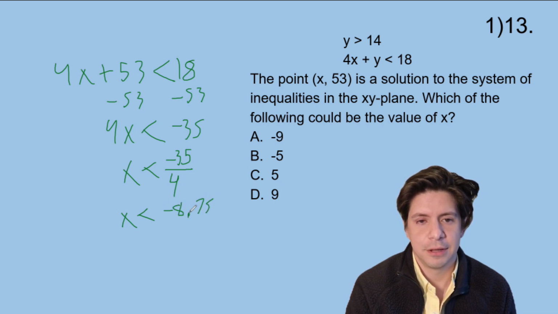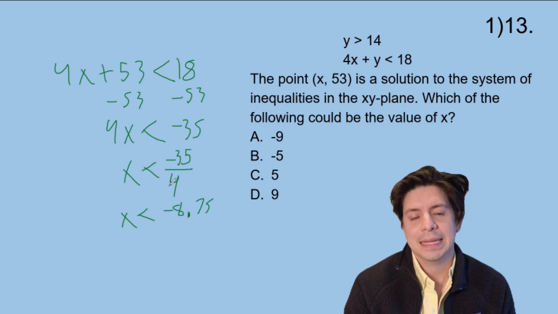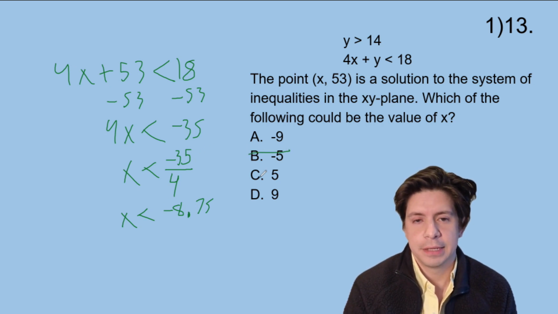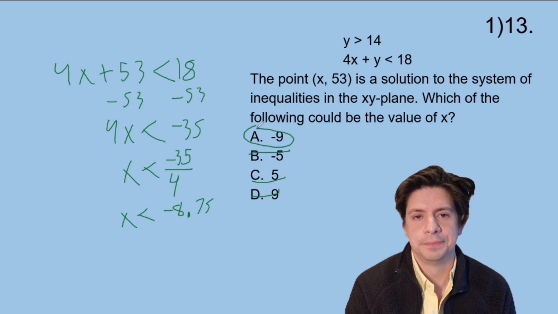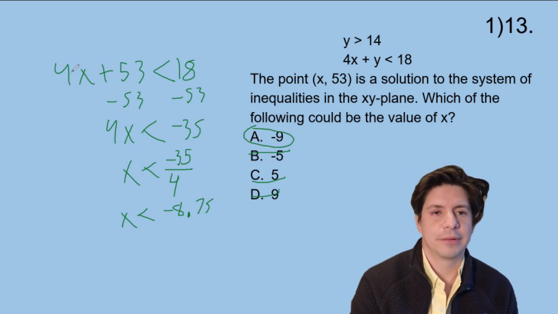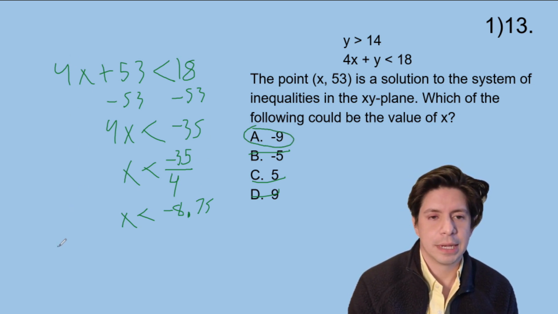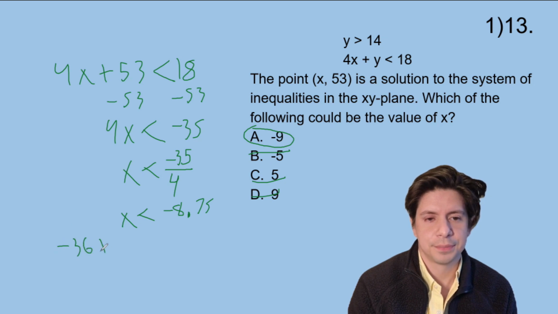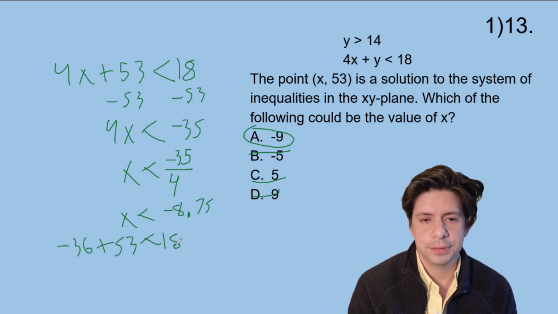I know that looks like a comma, but it's a decimal. And that is A, right? Everything else is greater than that, so we're left with A. We plug in and try it, right? Negative 9, you get negative 36 plus 53 is less than 18, and that's true because that is 17 is less than 18.